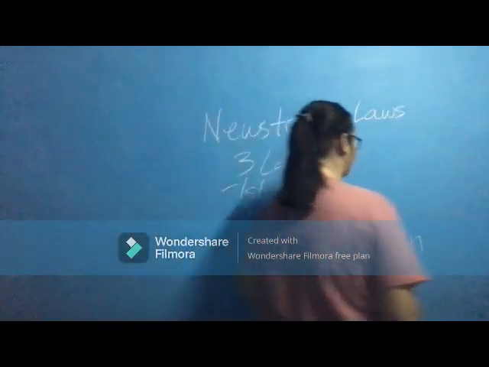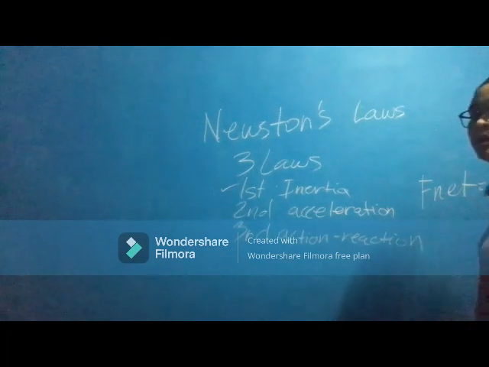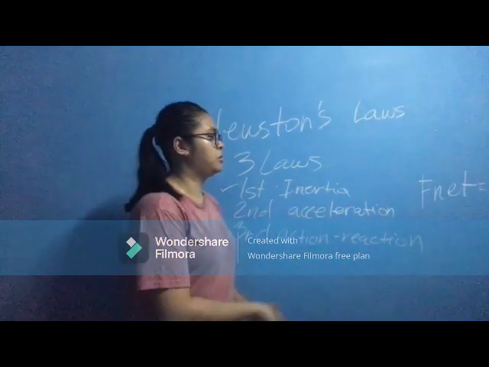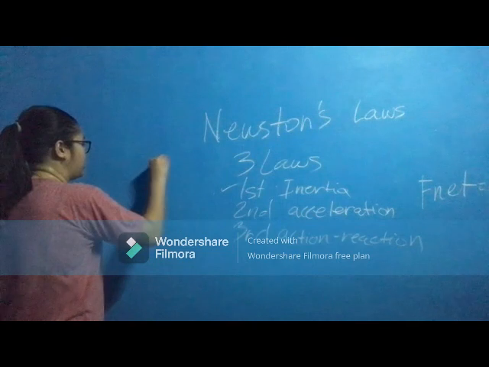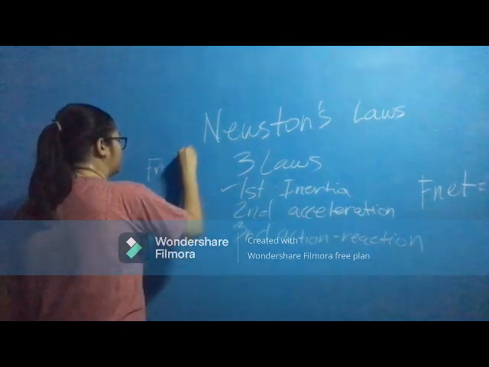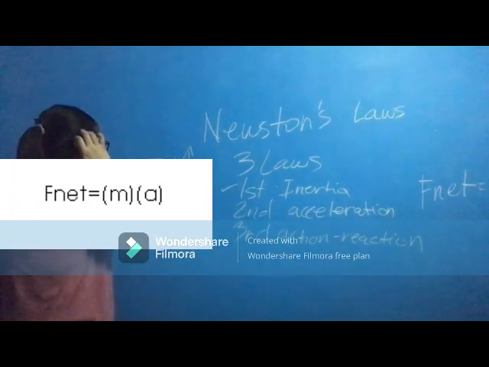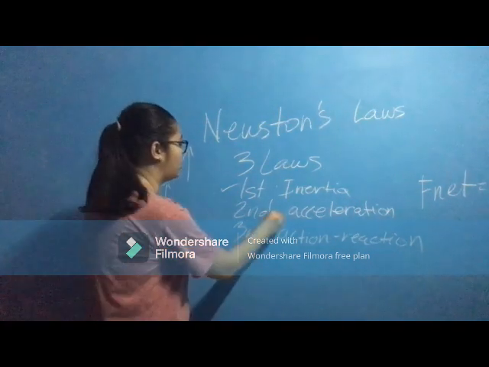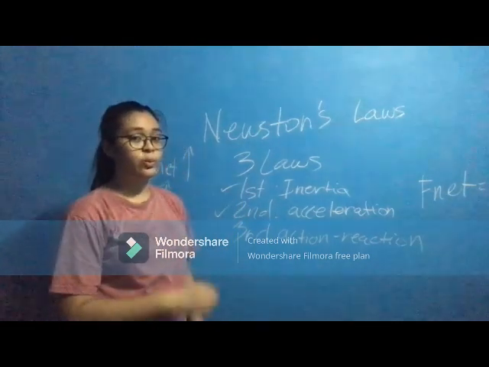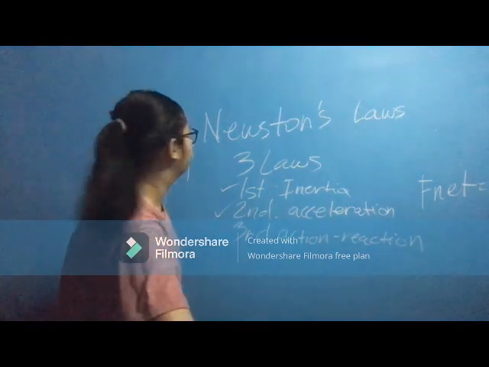This talks about this equation: the net force is equal to mass times acceleration. How is it connected? If we change the net force to a larger quantity, the acceleration also rises, because the second law states that acceleration is proportional to the net force.